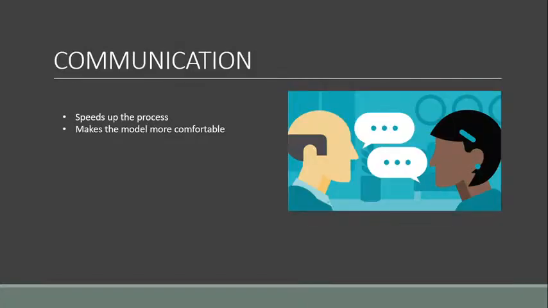The next thing is very important. This is communication, and communication is very important between your model and all the persons included in your shoot, be it the person who is doing the makeup, or whoever is included in the shoot, especially the model, discussing the timings of the shoot and the location of the shoot beforehand, so that you all are on time for the shoot to start.